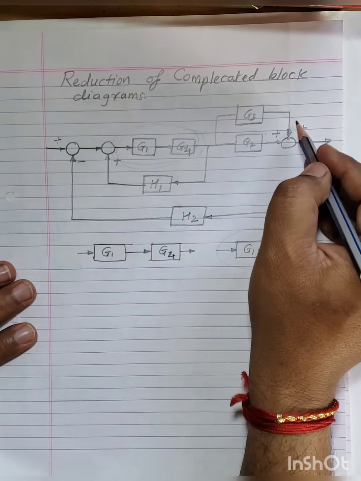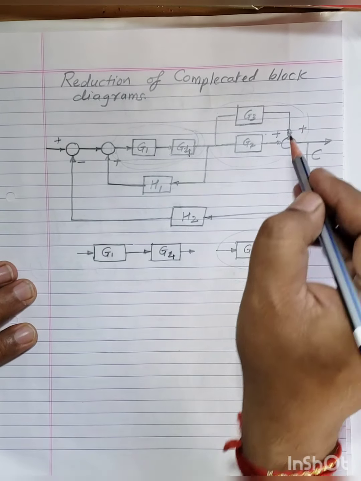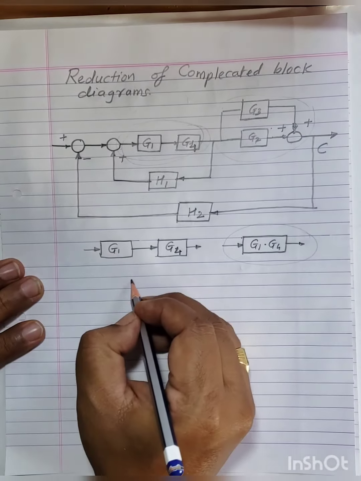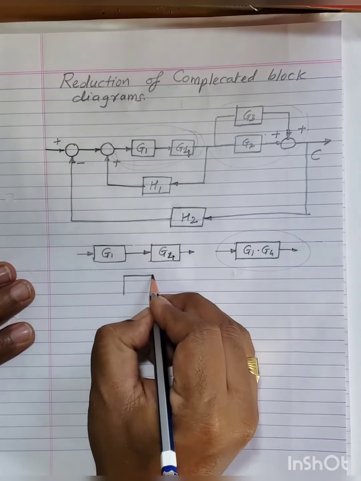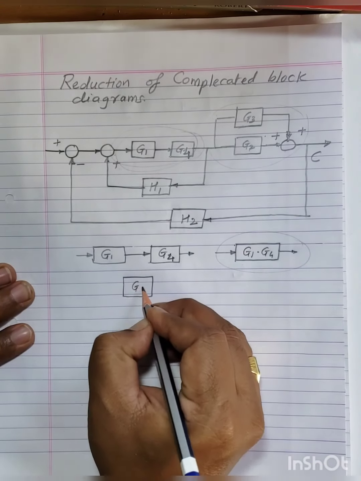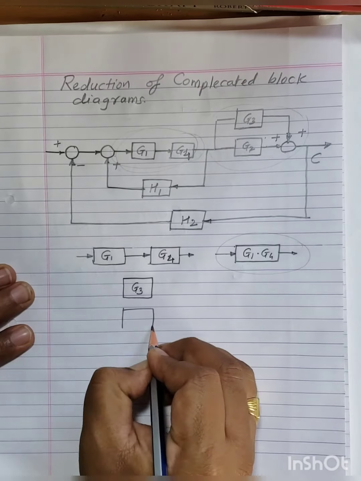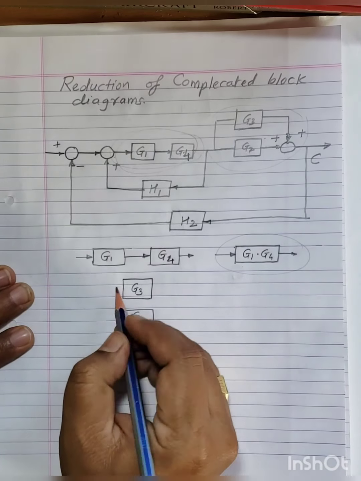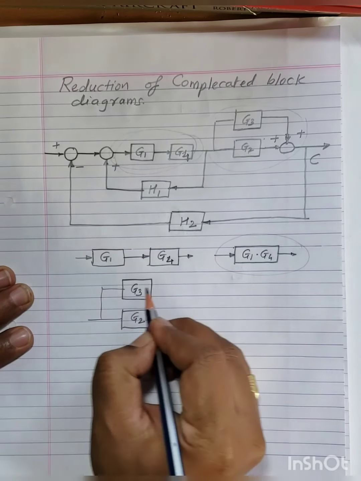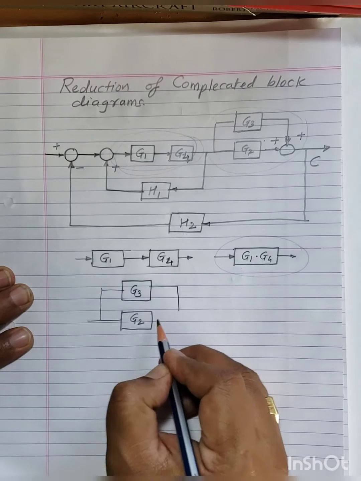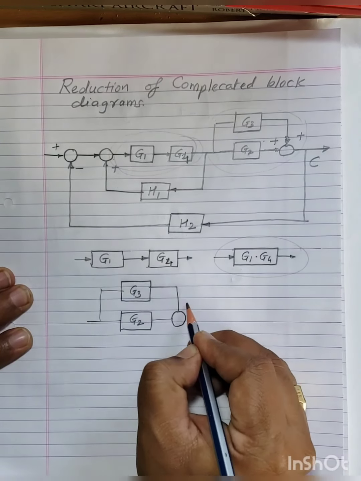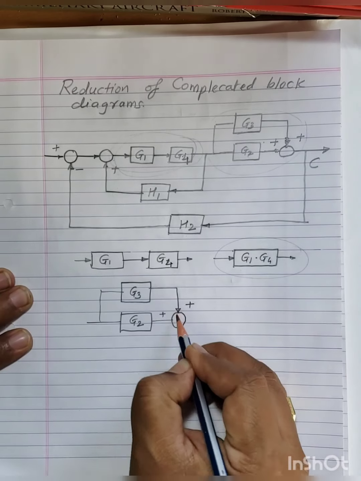Then next, we will concentrate on one more part here. There is one summing point and two parallel blocks. This is G3, this is G2, and this is a summing point. Plus arrows are important.